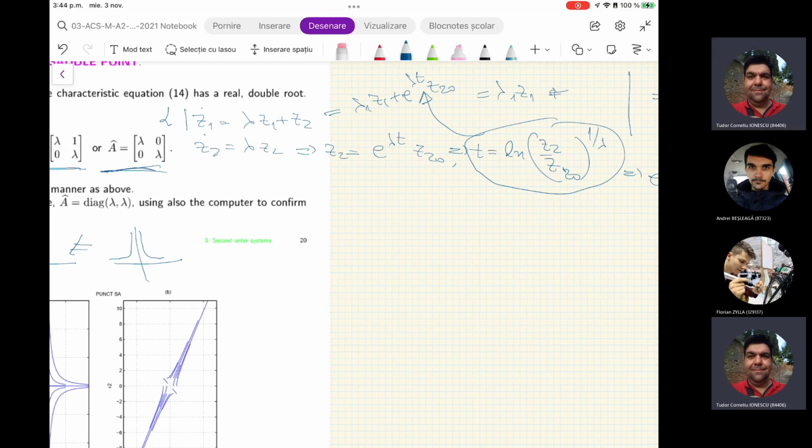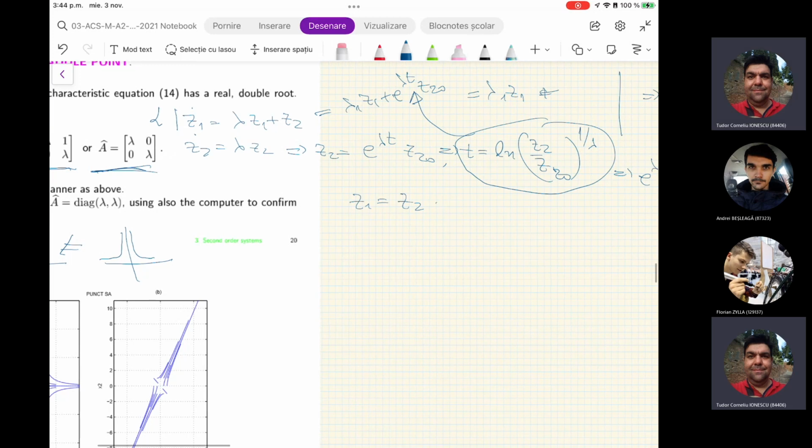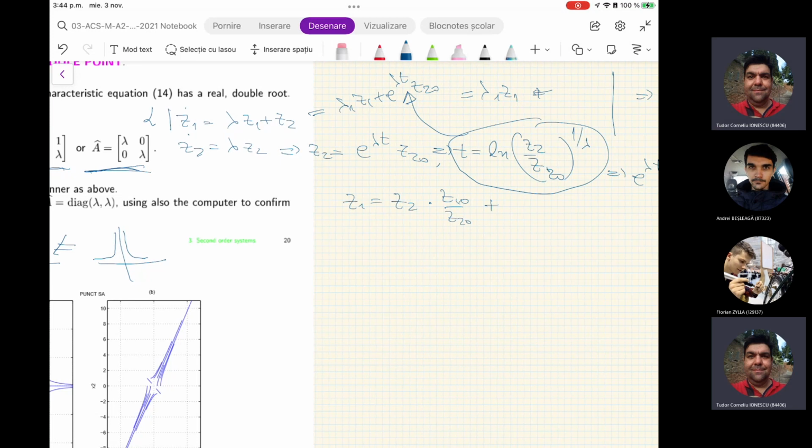When you do the computations, you get that z1 is z2 times z1(0) over z2(0), you can do the computations yourselves, plus 1 over lambda times the logarithm of z2 over z2(0). And you can compute the slope, and you can do other things.